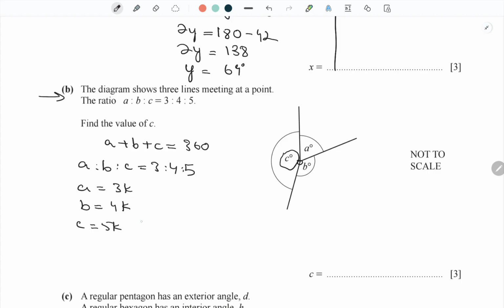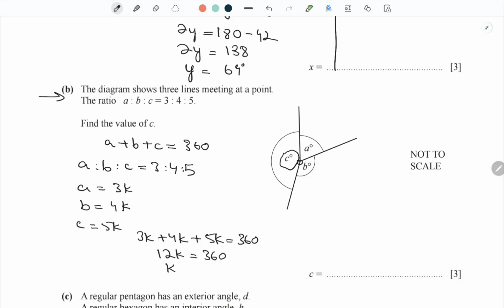When we add them together, that equals 360. So 3k plus 4k plus 5k equals 360, or 3 plus 4 is 7, 7 plus 5 is 12, so 12k equals 360.